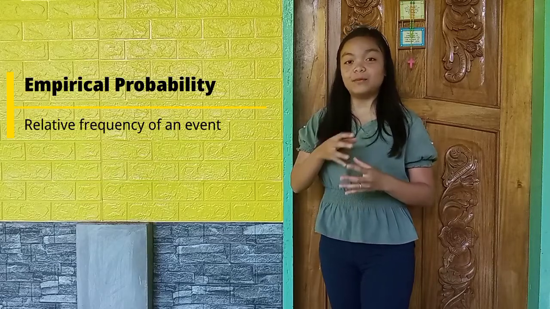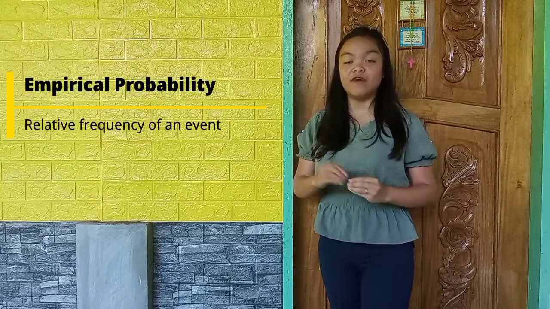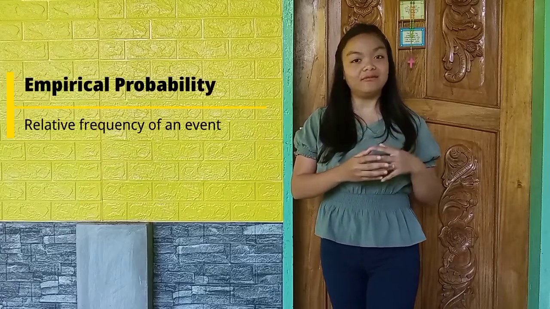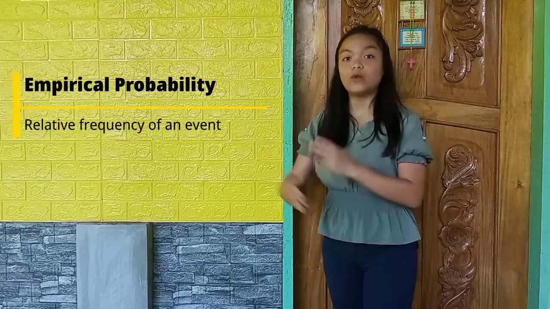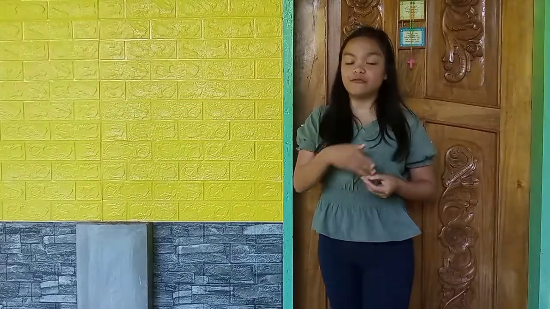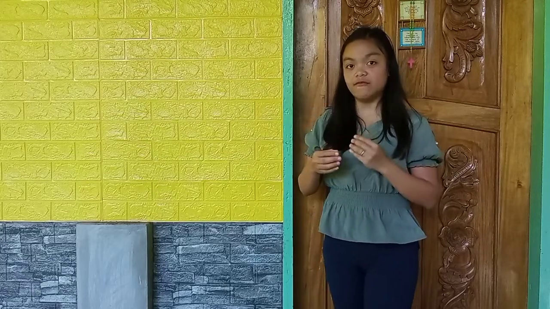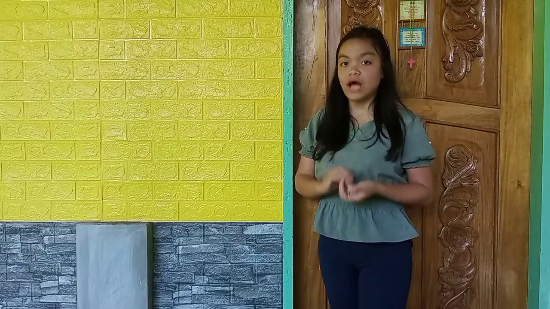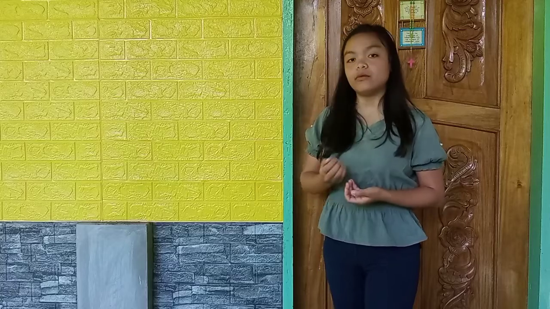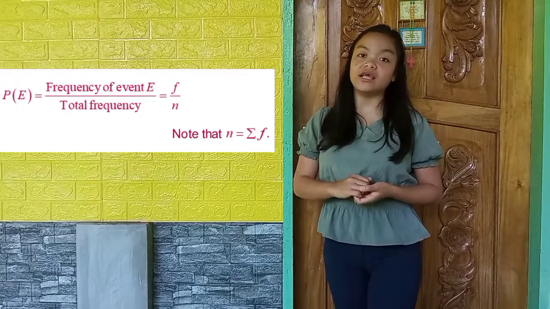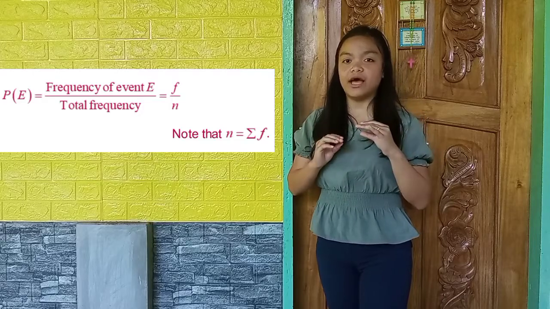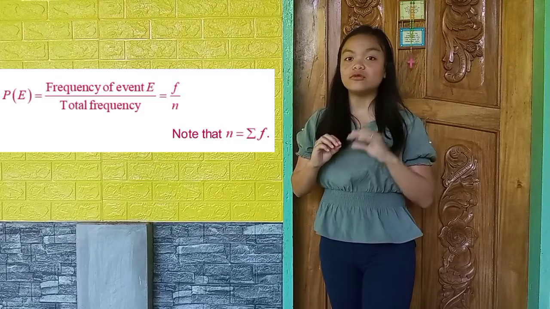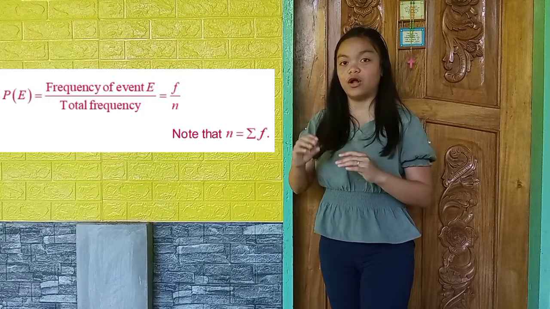It is also based on the relative frequency of an event. Relative frequency means how often this event happens throughout your experiment. Unlike classical probability, where the formula is the number of outcomes of the event divided by the total number of outcomes, in empirical probability, the formula is the frequency of that event divided by n, which is the total frequency, or the summation of all the frequencies.